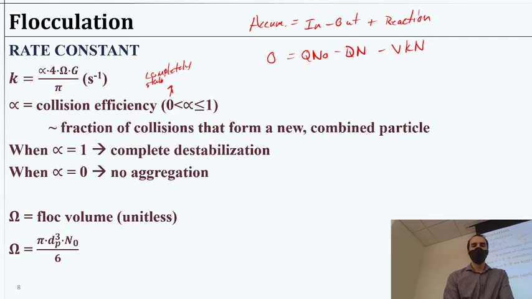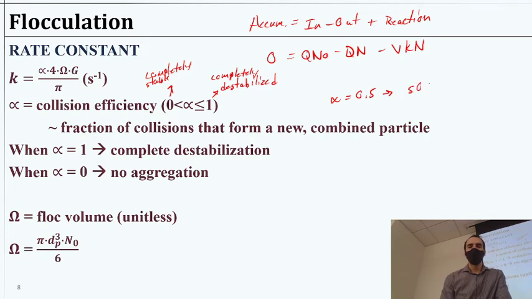Whereas 1 is completely destabilized. So every time two particles meet, it's going to form a new particle. So if this alpha equals 0.5, 50% of collisions result in a new particle.